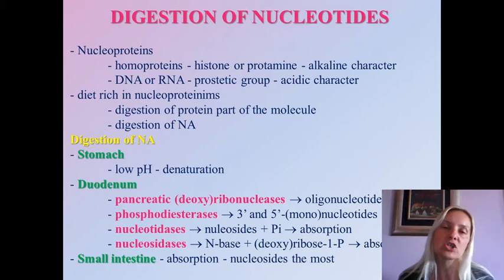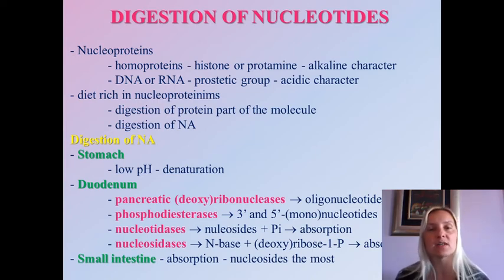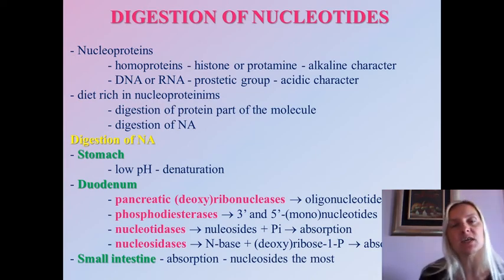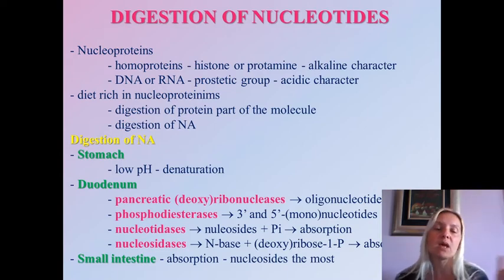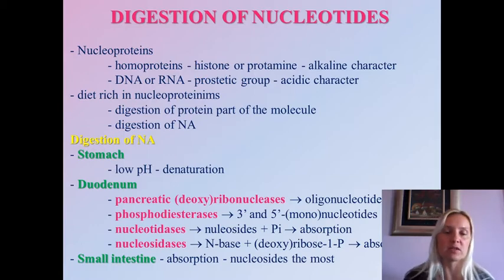Then we have the action of phosphodiesterases, because polynucleotides and nucleotides in a polynucleotide are connected by phosphodiester bond. So these enzymes are actually responsible to cleave those phosphodiester bonds, thus producing 3' or 5' mononucleotides.